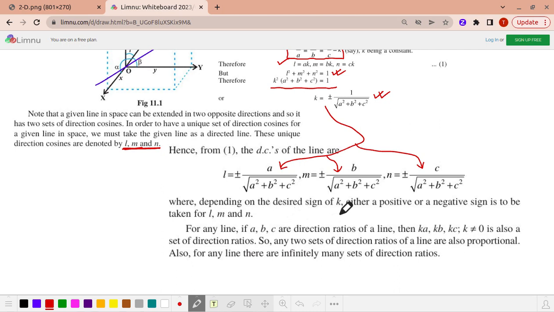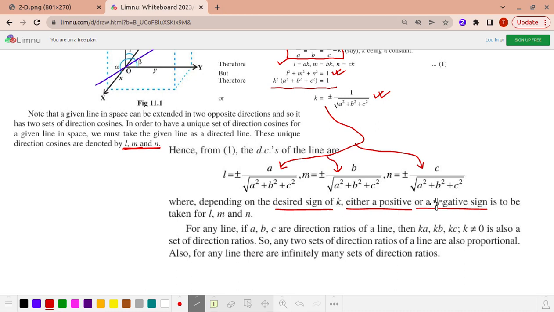So depending on the desired sign of K, I repeat, depending on the desired sign of K, either positive or negative, you can take either the positive sign or the negative sign for L, M, N. Correct? I hope it is well understood.